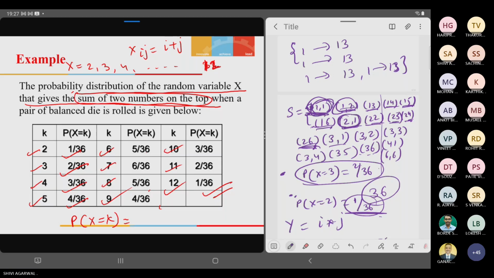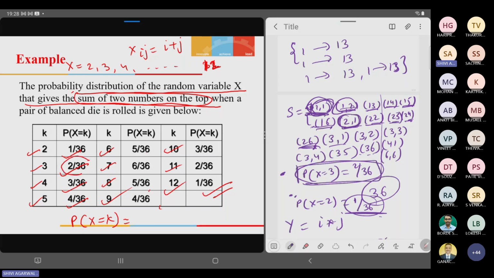Got it? So whatever you have done in chapter 3, finding the probability, the same thing we are doing here. No change at all. We are not doing anything here in the PPT. I wrote here 2 by 36.